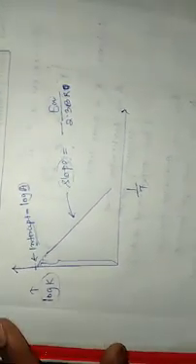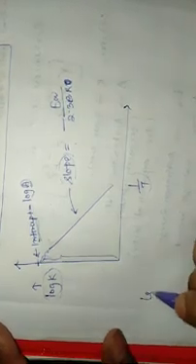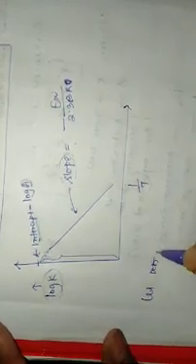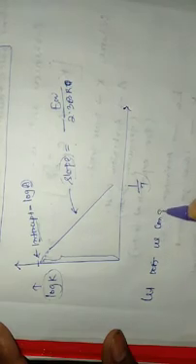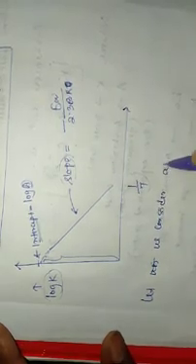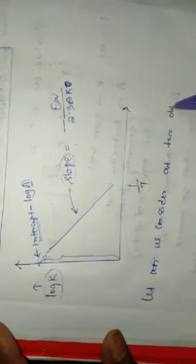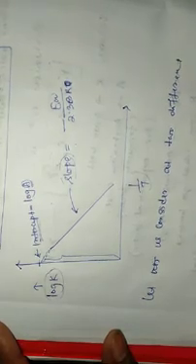Now let us consider at two different temperatures T1 and T2, rate constants are K1 and K2.